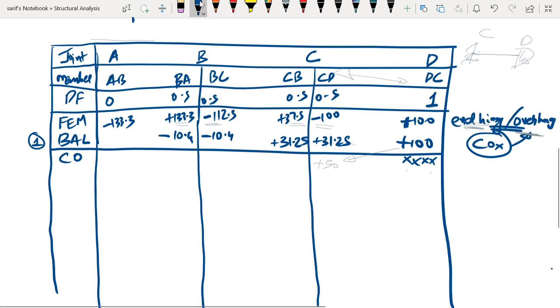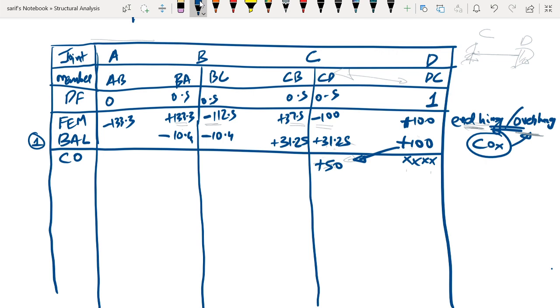Let us write that down. The carryover from D to C is plus 50. Next we will consider the span BC.